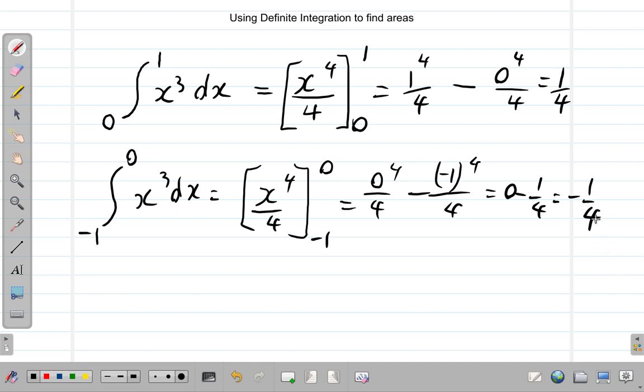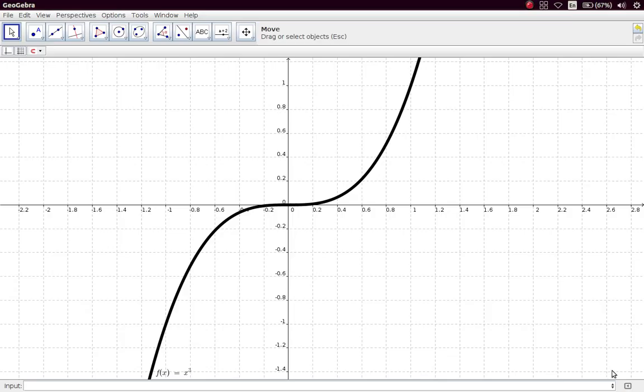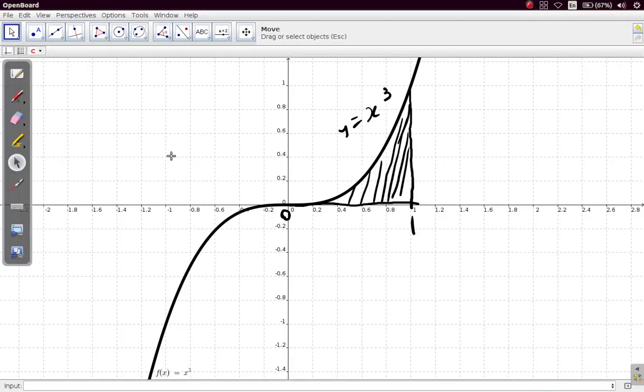But why you get a negative a quarter is because the other area that is being talked about is this one: -1, x-axis, 0, and the curve. The area that I'm shading is the area that was just found, and this area is below the x-axis, so it regards it as a negative.